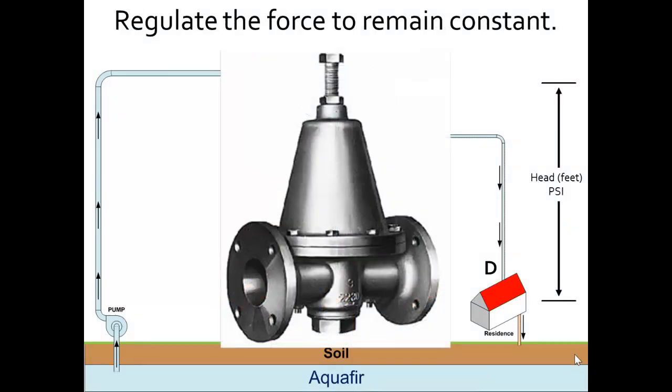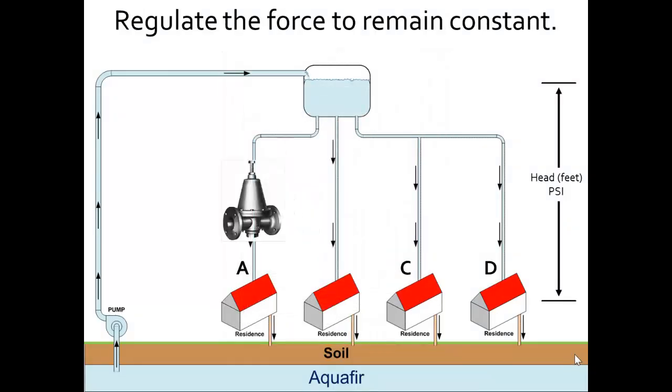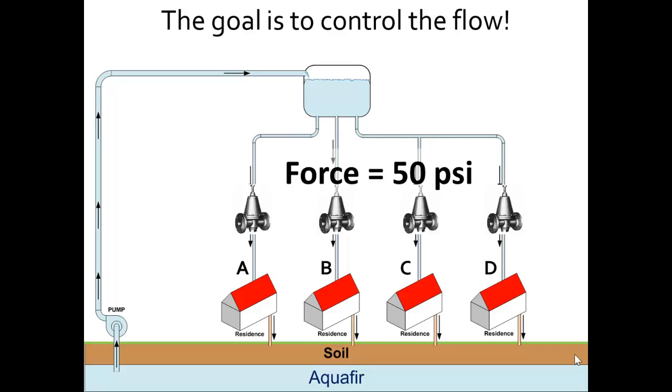So if we go back to our residential system and we install one of these regulators in all four downcomers and we adjust them each to 50 psi, then all four residences will always have 50 psi, unless of course the tank up above goes empty. Typically these regulators are sized or adjusted so when the tank is almost empty, you still have enough force on top of the regulator to be greater than the force coming back from the house.